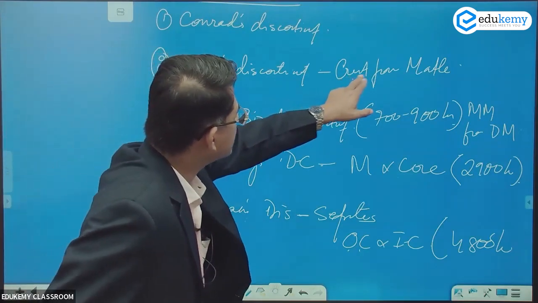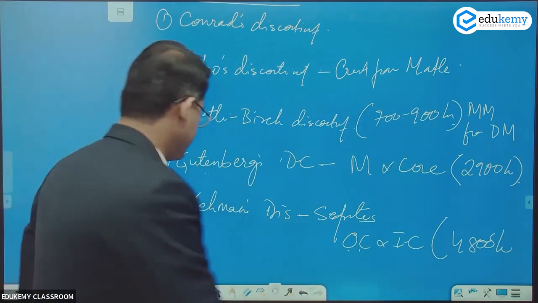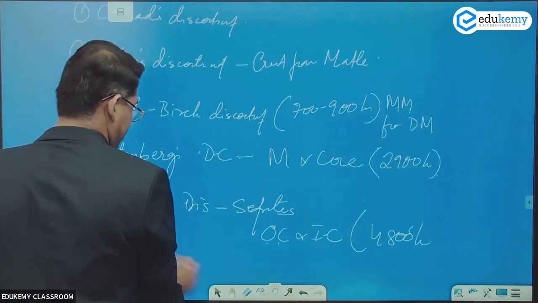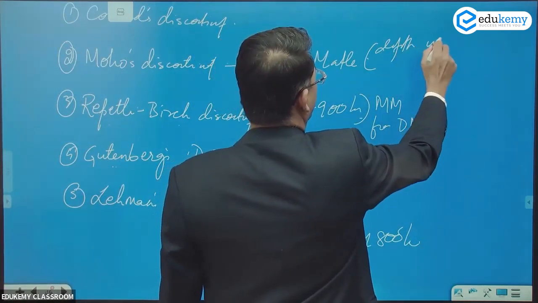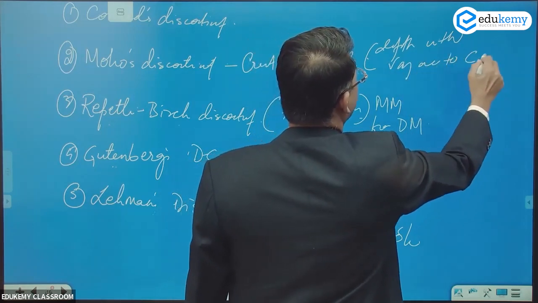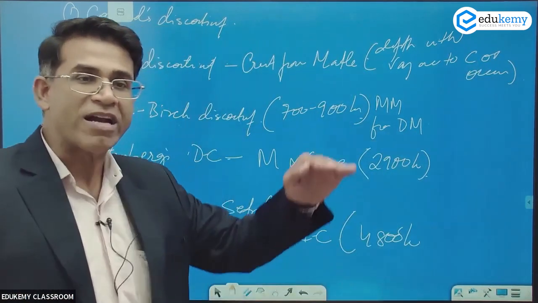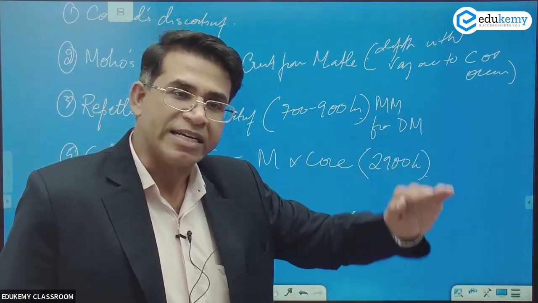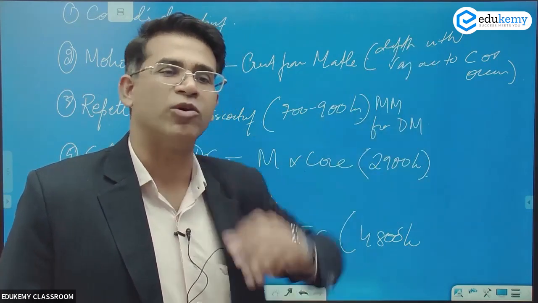This is crust and mantle. Its depth will vary according to continents or oceans. At the continents, the Moho is deeper. At the oceans, the Moho is more shallow.